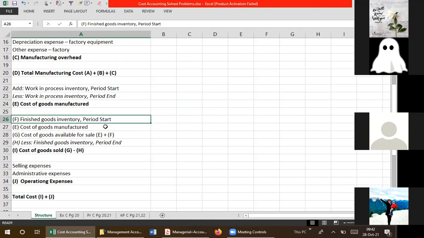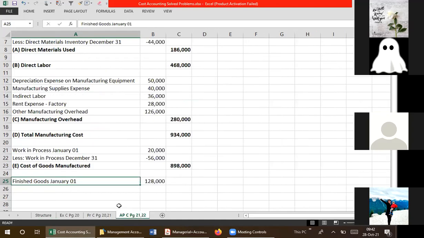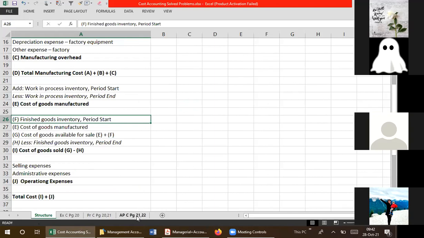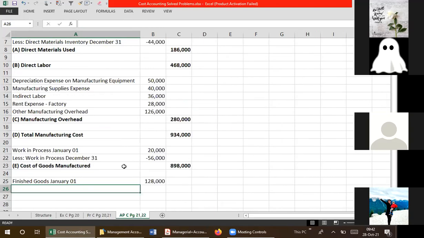Then we add cost of goods manufactured and we get cost of goods available for sale. We can straight away write here cost of goods available for sale.